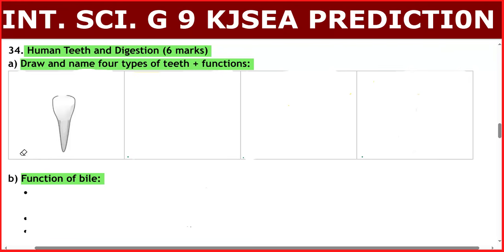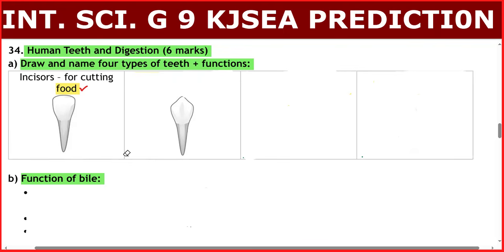So for example, this one, which kind of tooth is this? It is flat at the top. Yes, this is the incisor, and we can also say incisors. Incisors are used for cutting food. They cut food. Then we have another one here, which is sharp, pointed, and it has 1 root.